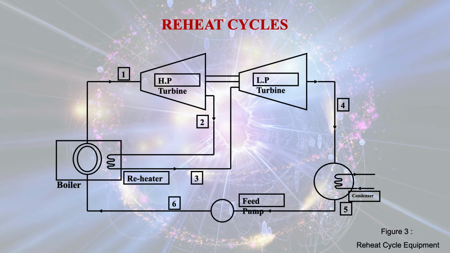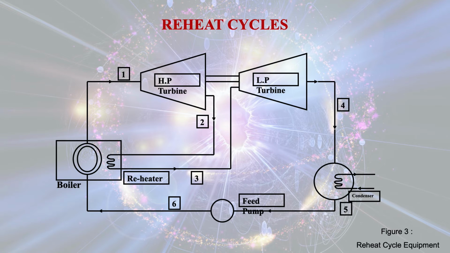We call it the high pressure turbine, and there the expansion of the working fluid takes place. After that the steam comes out from the high pressure turbine, and with the help of the reheater it is again reheated, and after that it enters the low pressure turbine.